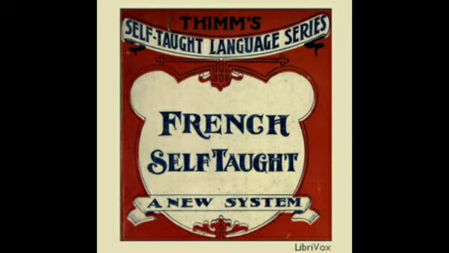Declensions. The definite article is rendered by le before a masculine noun and by la before a feminine noun, as le père, the father; la mère, the mother. The plural for both genders is les, as les pères, the fathers; les mères, the mothers.